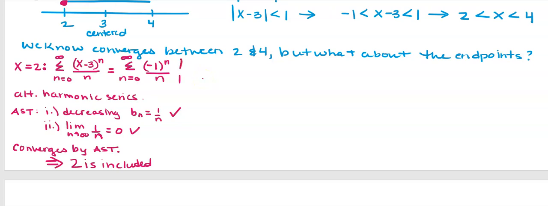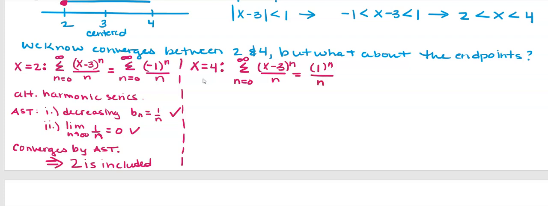Now, let's talk about the endpoint x equals 4. Starting with our original series, if we were to plug a 4 in for the x value, we would end up with just 1 to the nth over n, which we can, of course, rewrite as just 1 over n, because 1 to the nth power is always just 1.